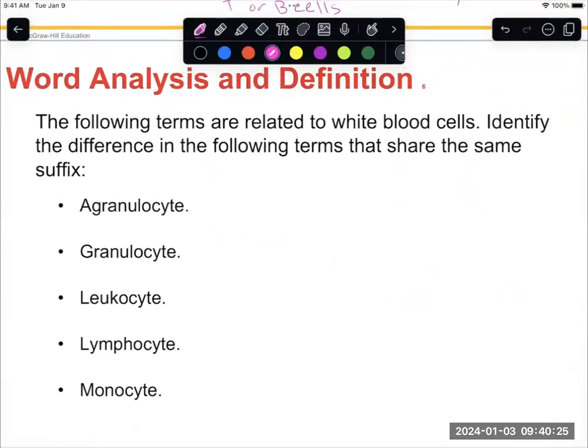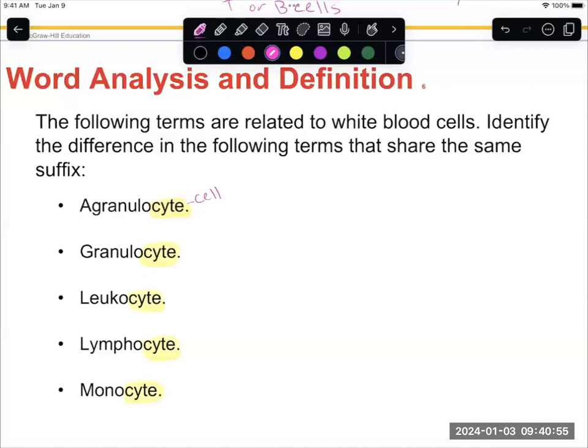So let's look at these different words. We're going to look at the differences for words that all share the same suffix of cyte. This suffix, cyte, means cell.